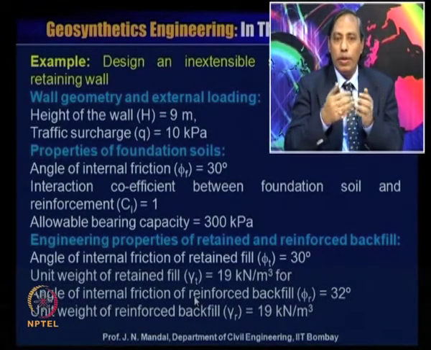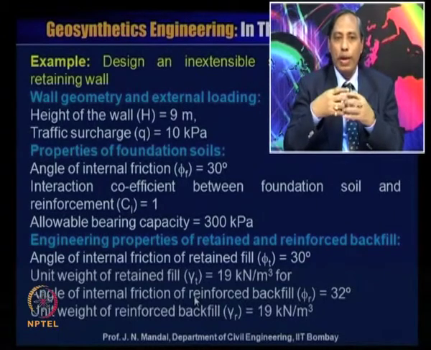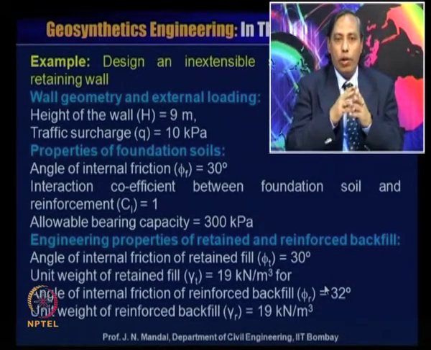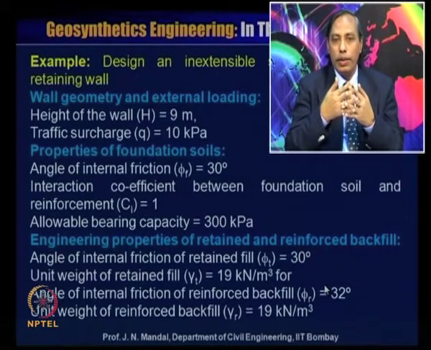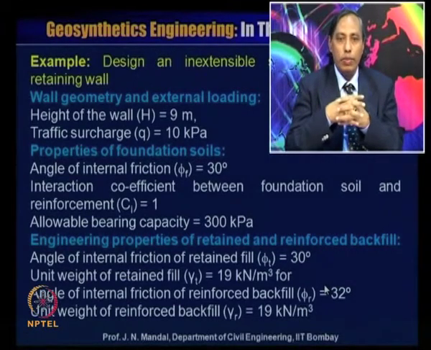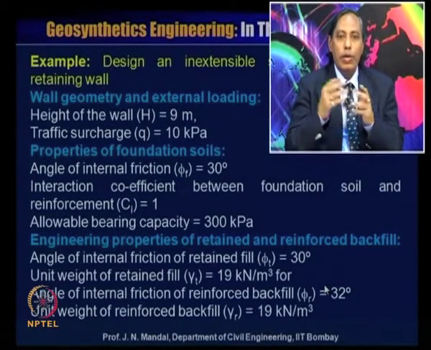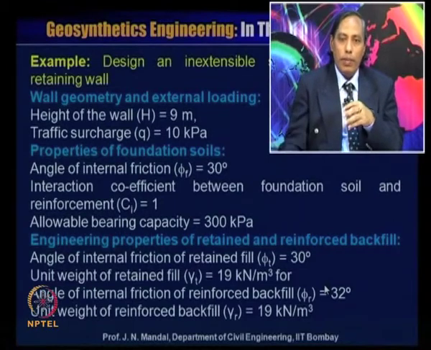The engineering properties of the retained and the reinforced backfill are as follows. The angle of internal friction of the retained fill is 30 degrees, and the unit weight of the retained fill gamma T is 19 kilonewton per meter cube. For the reinforced backfill, phi r is equal to 32 degrees, and the unit weight gamma r is equal to 19 kilonewton per meter cube.